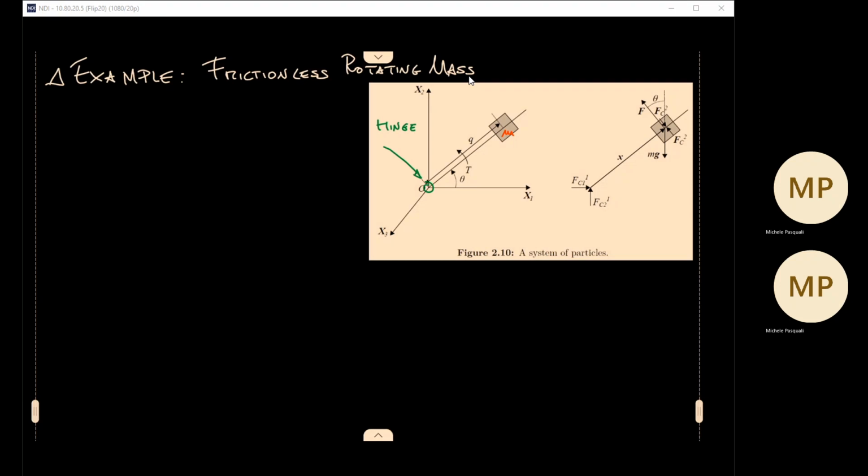Clear? Super simple, I would say. So, again, this is a rod, and a frictionless slider.